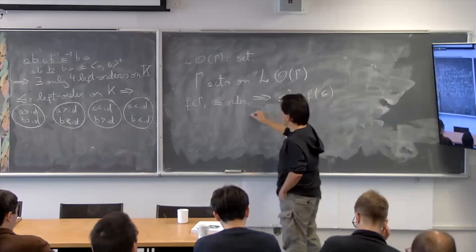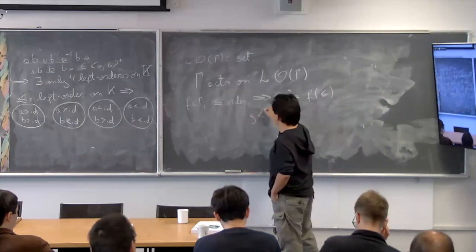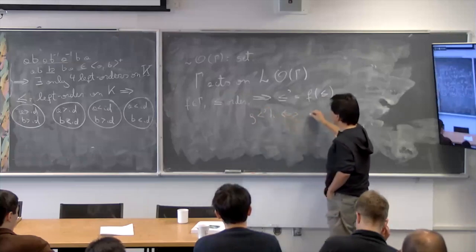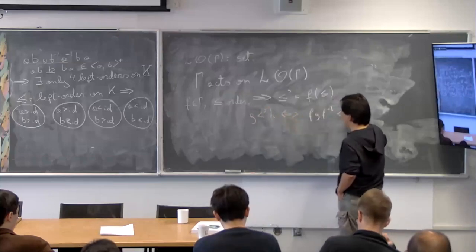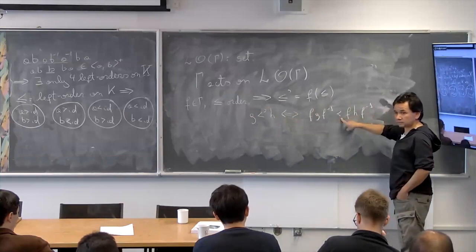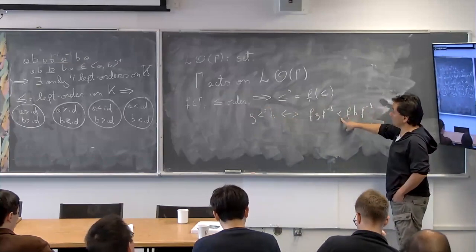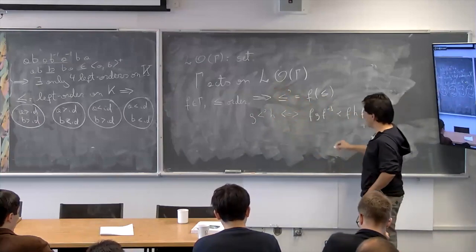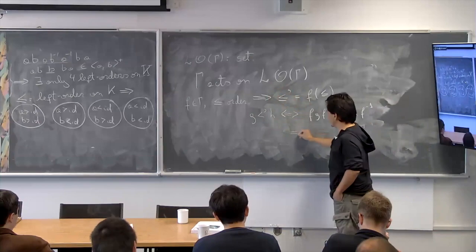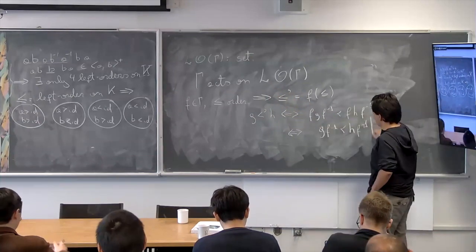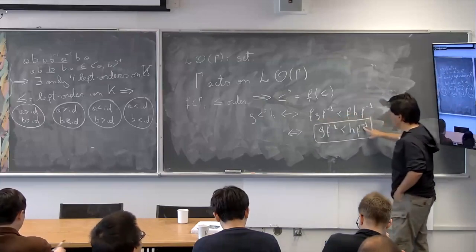Say that G is smaller than H in the new order if and only if the conjugate of G is smaller than the conjugate of H in the original order. And since we are already working with orders which are invariant under left multiplication, this is equivalent to that. You can forget about the F on the left. Okay, and you get this.